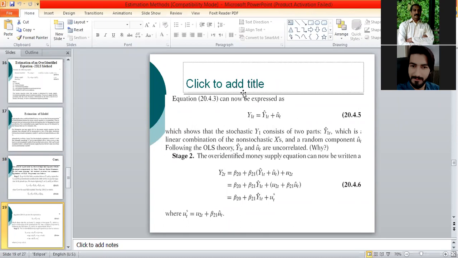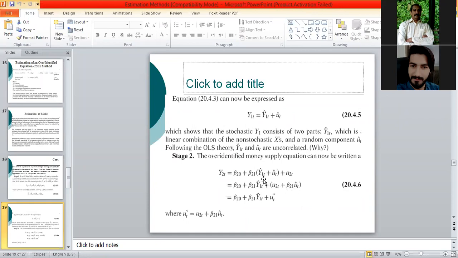Now replace this Y1 in the original model, as we did in the Hausman specification test. After replacing, we have beta 21 Y1 hat plus beta 21 U2, and this is included in the error term.